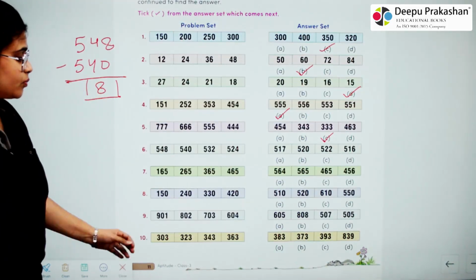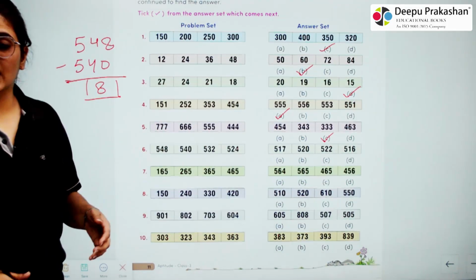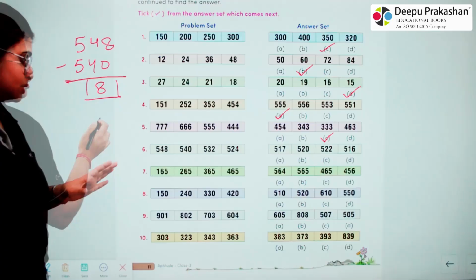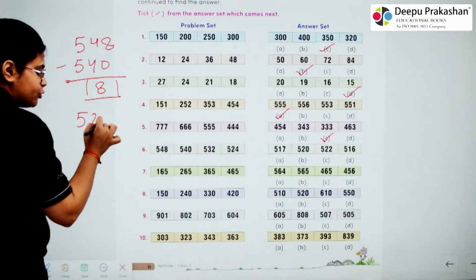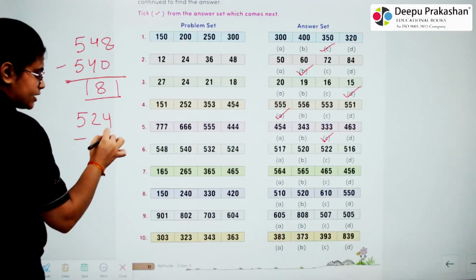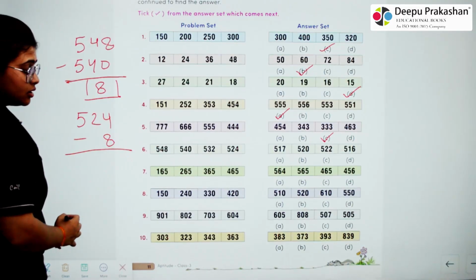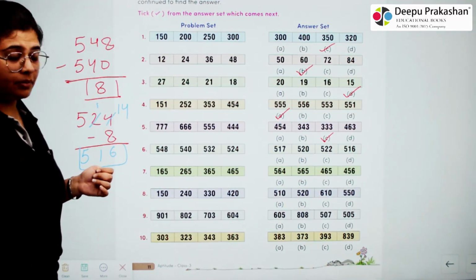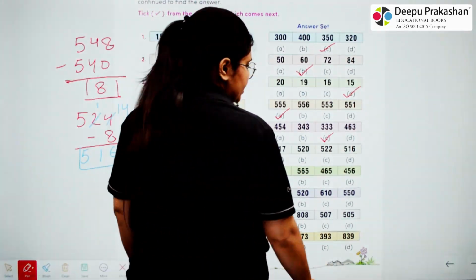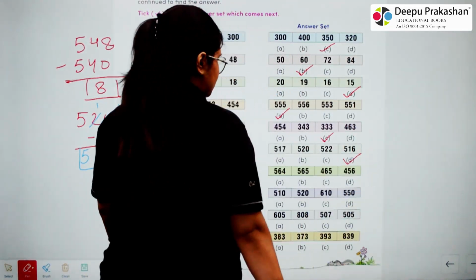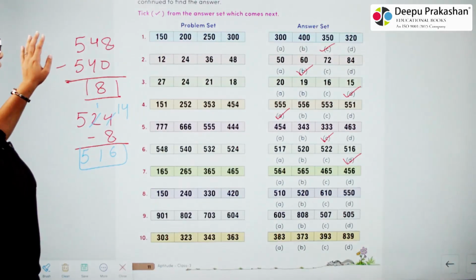That means we have a difference of 8. So to find the number that will come after 524, we need to subtract 8 from it. So the number that will come after 524 will be 516. Okay.